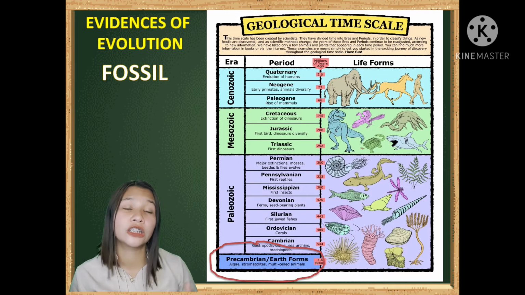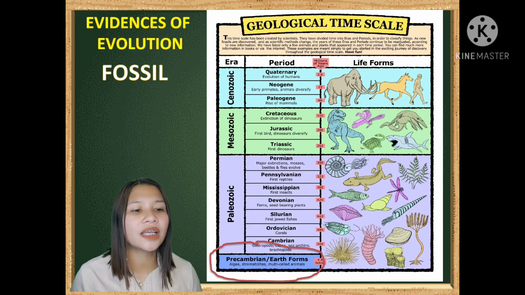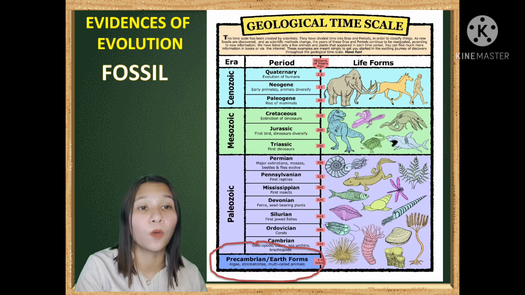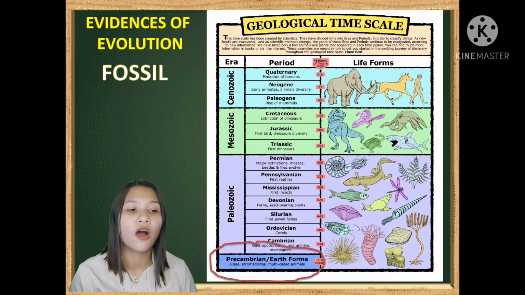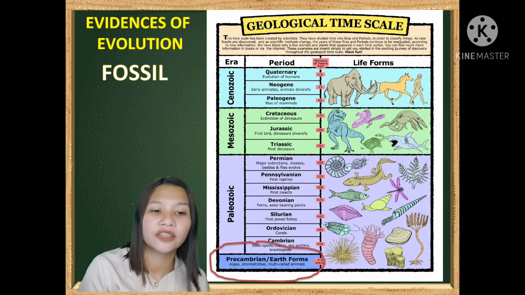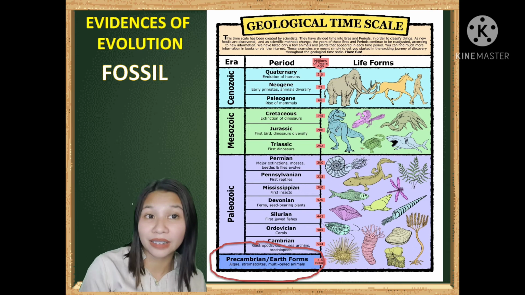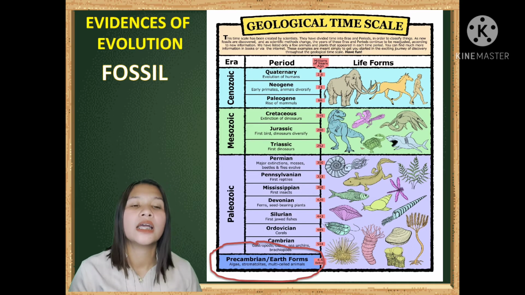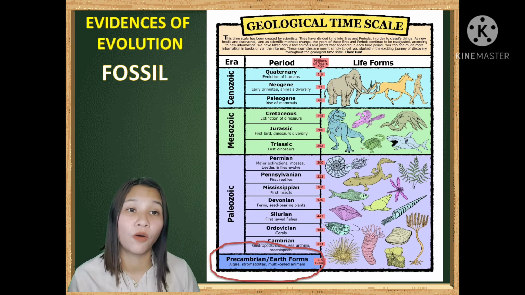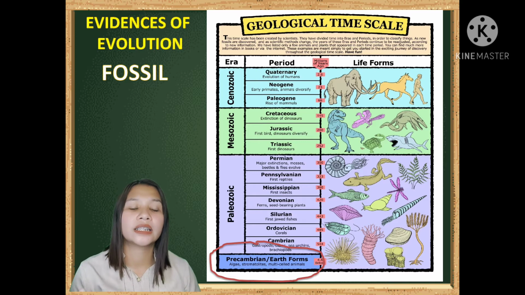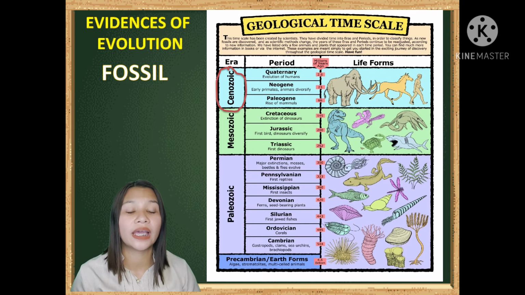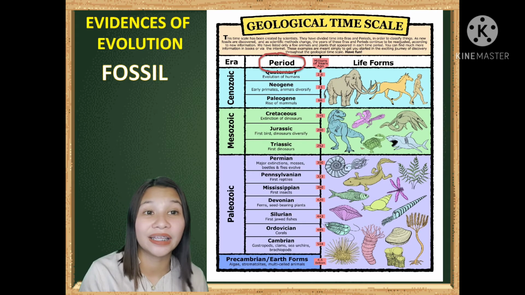Using the geological time scale, scientists have estimated that the Earth is about 4.5 billion years old and divided into a series of units based on the order in which different groups of rocks and fossils were formed, namely eon, era, period, and epochs. Era is the largest division of geologic time scale. It's namely Precambrian, Paleozoic, Mesozoic, Cenozoic, and each era is further divided into periods.